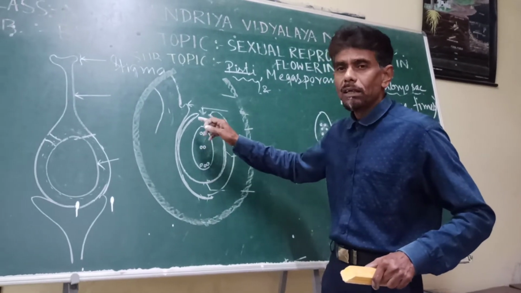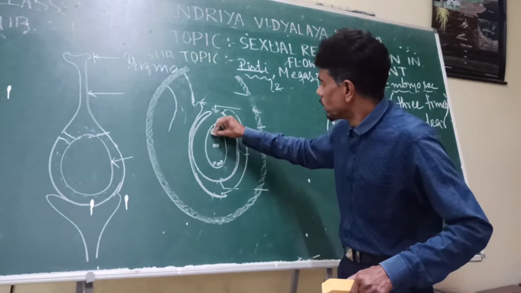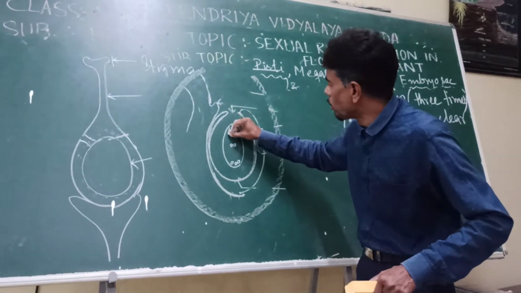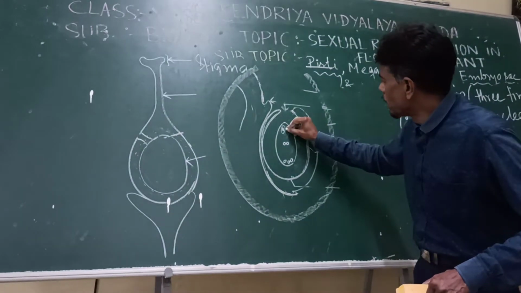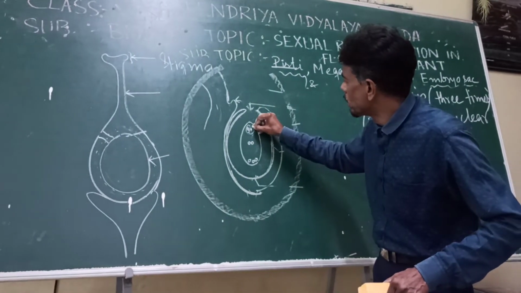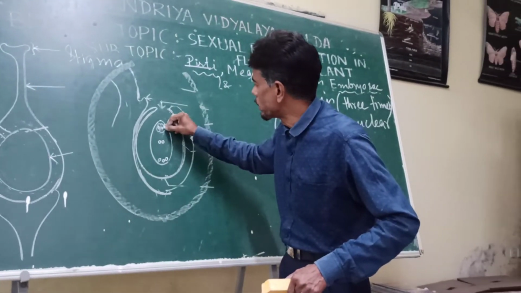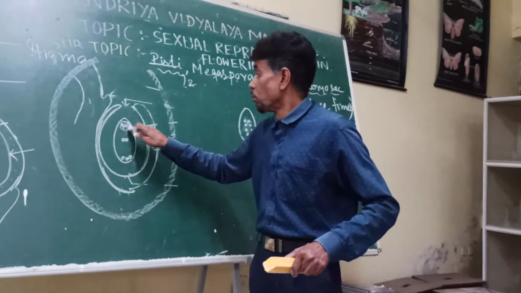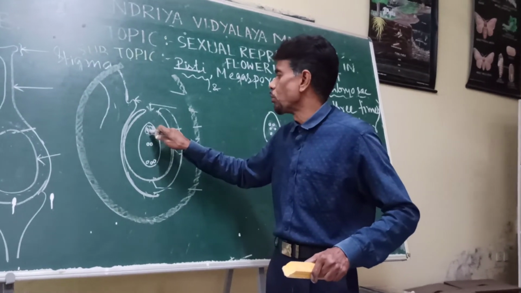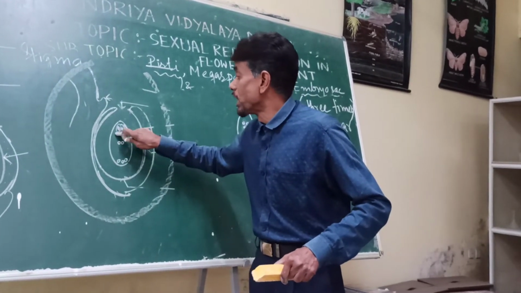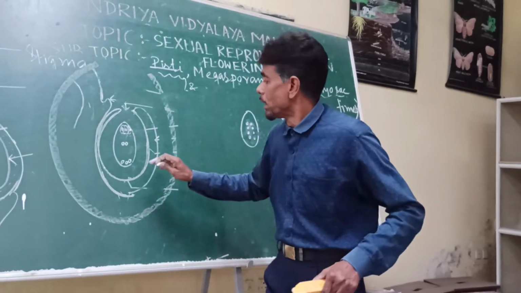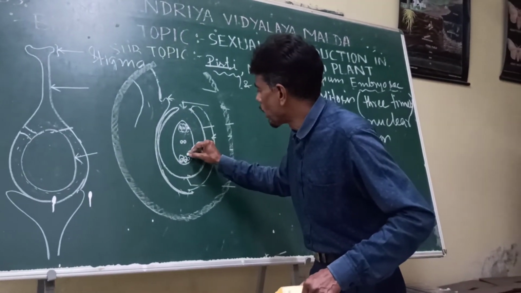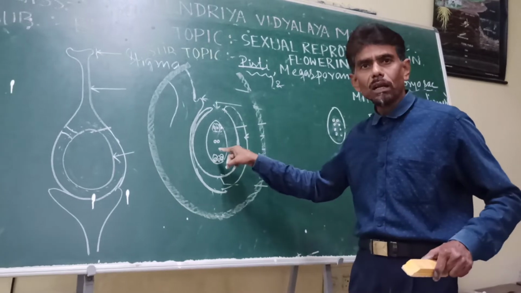Around each nucleus, it will be surrounded by cell wall, at the micropylar end and also at the chalazal end. So 3 cells, within each cell, one nucleus.